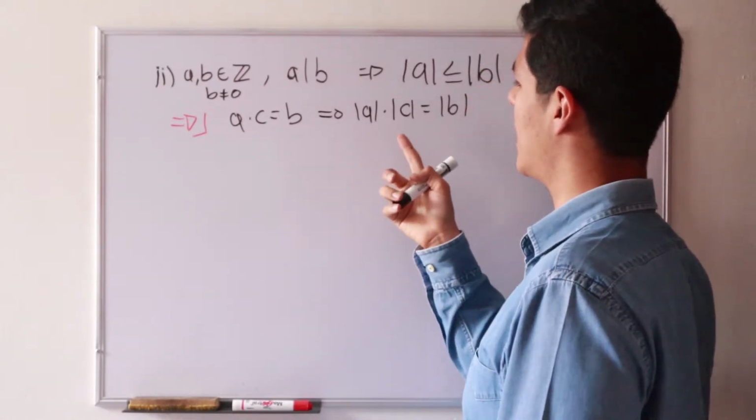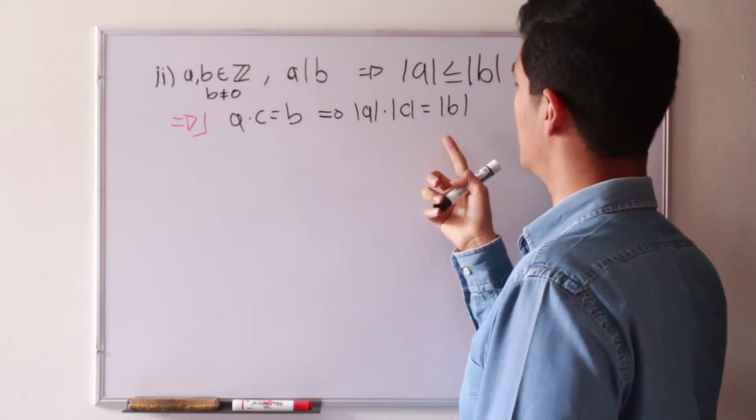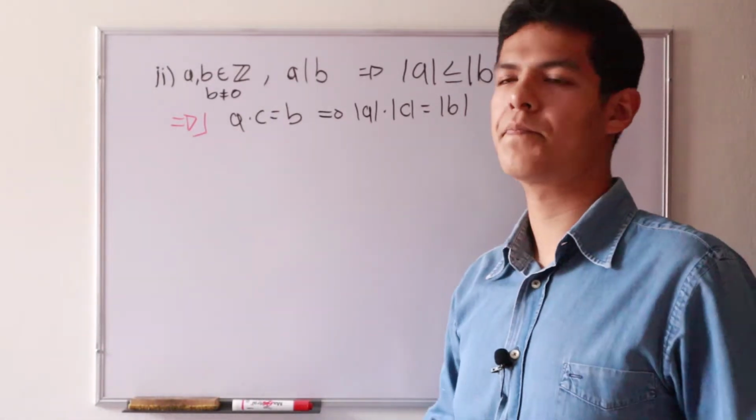So the absolute value of A times the absolute value of C equals the absolute value of B.